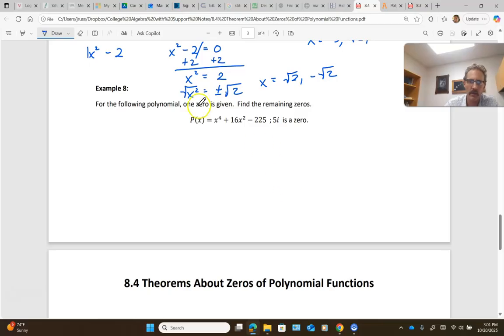One thing I can tell you about it, though, we want to find all the zeros. One of them is given, but really 2 are given because we know these come in pairs. We use synthetic division to verify that they're zeros, and at the end we'll be left with a quadratic factor from which we can extract those last 2 zeros. But let's save this for the next one.